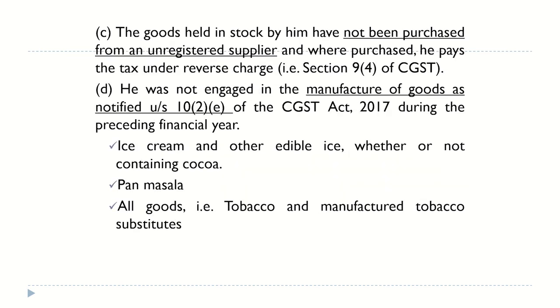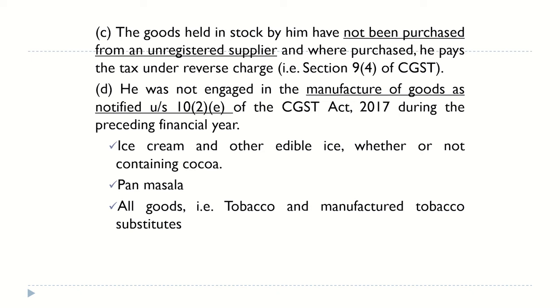The next condition is that the goods held in stock by him have not been purchased from an unregistered supplier, and where purchased, he pays the tax under reverse charge under section 9(4) of the CGST Act, and he is not engaged in the manufacture of goods as notified under this section during the preceding financial year.